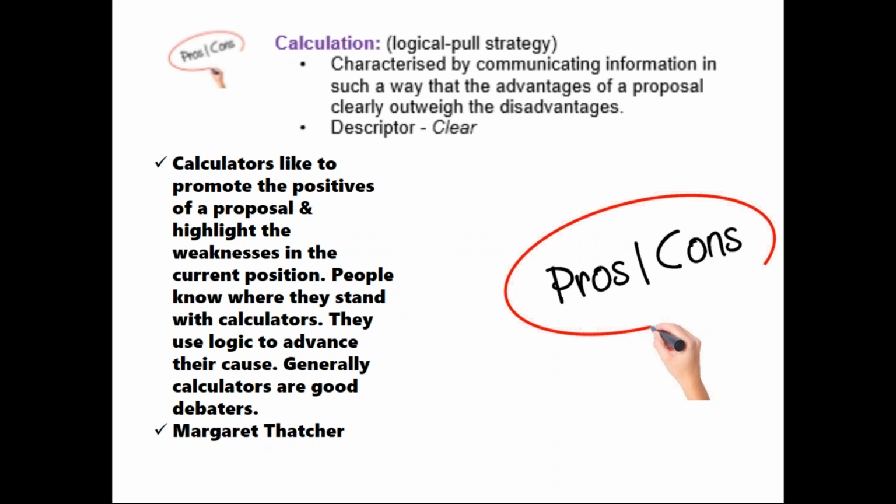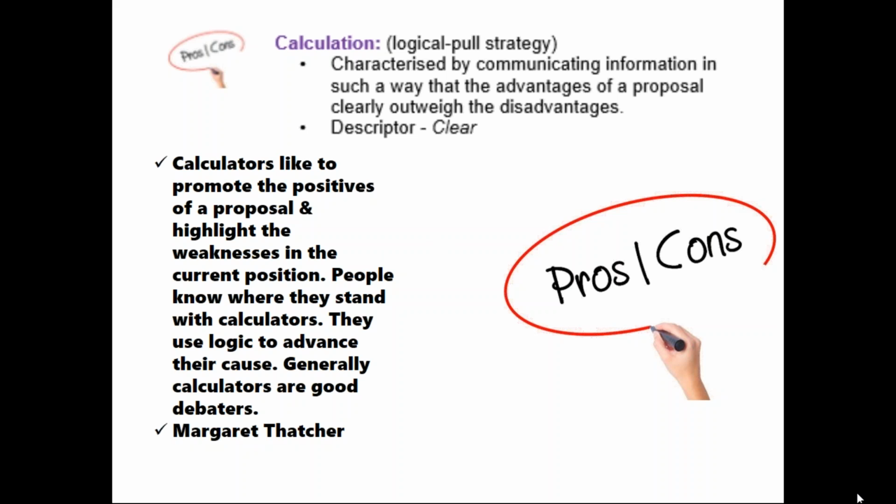I'm sure it would be fair to say that their style or approach would be very much one of using calculation. In other words, you kind of knew where you stood. What I mean by that is that people understood where the line in the sand was. If I cross that line, I'm in trouble, and if I stay on this side of the line, I'm fine. So it's a strategy of letting people know precisely where we stand.